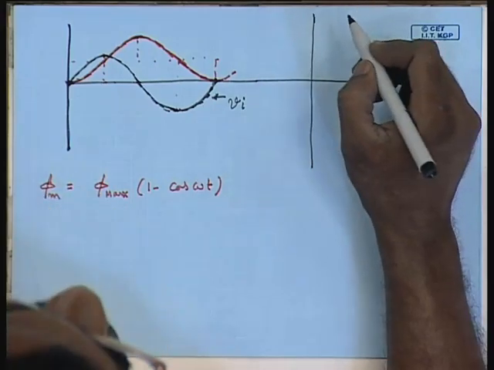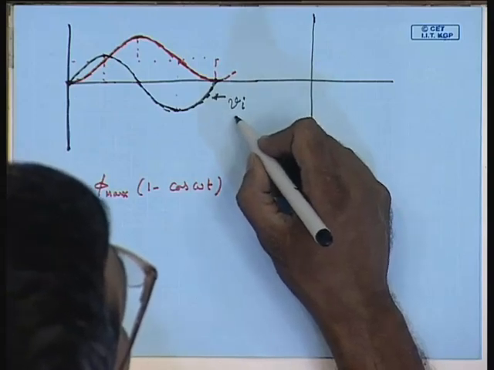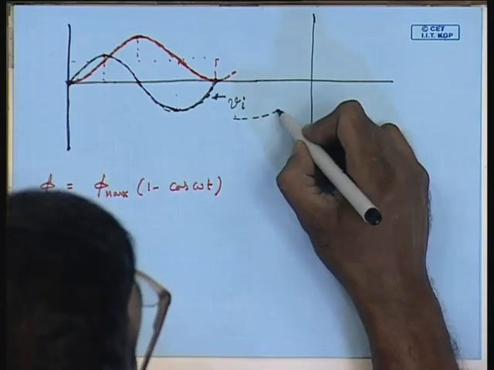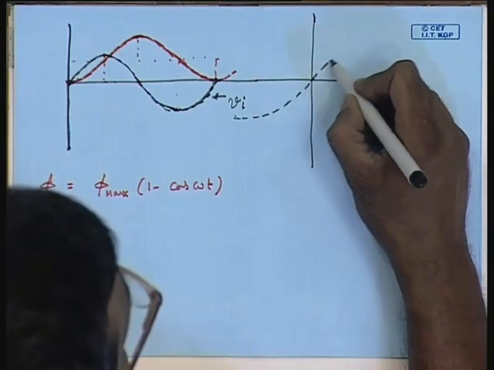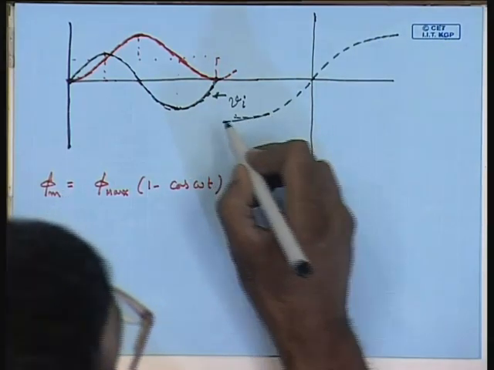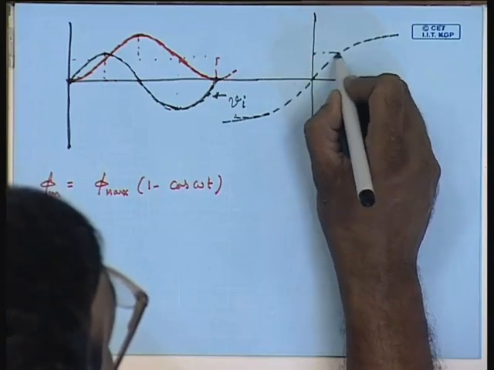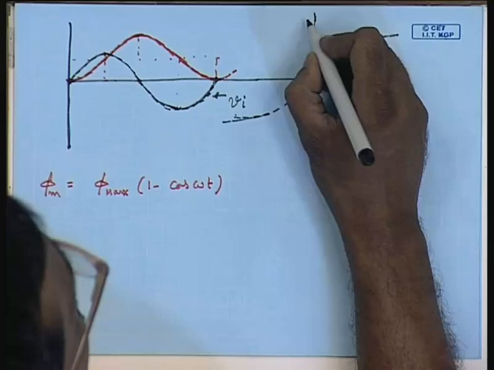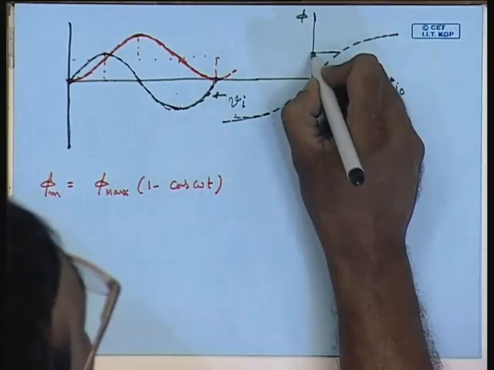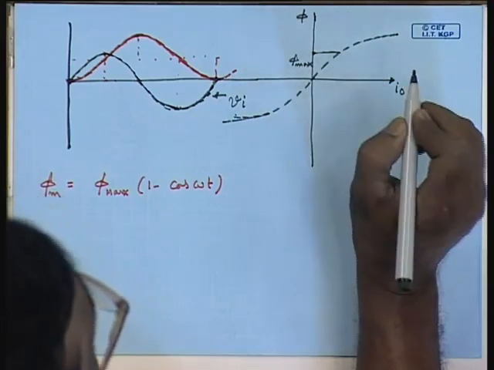As we have already mentioned, a practical transformer core will exhibit a predominant saturation characteristic along with hysteresis. Let us say a transformer is usually designed to operate at a maximum flux of phi max.